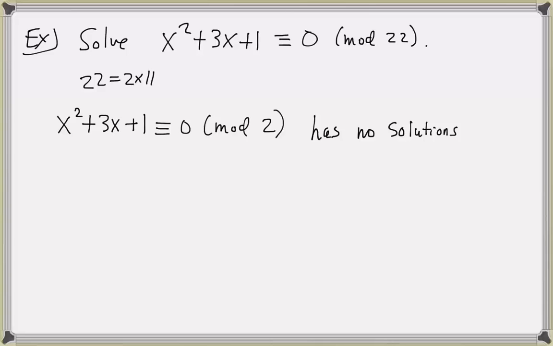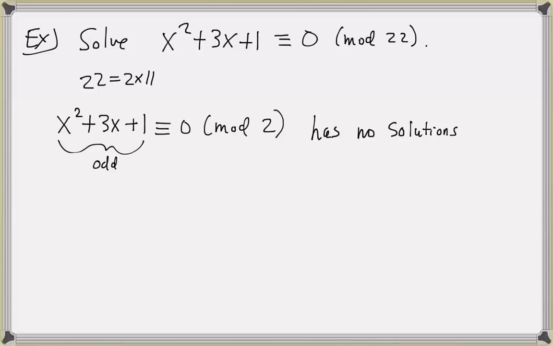Why? Well, if you look at the left-hand side, if you plug in any integer, the left-hand side will always be odd. Because suppose x was even, then x squared would be even, 3 times x would be even, x squared plus 3x would be even, but then when I add 1, that would be odd. Now if x was odd, then x squared would be odd, 3 times x would be odd, but x squared plus 3x, when you add them together, you get an even number.